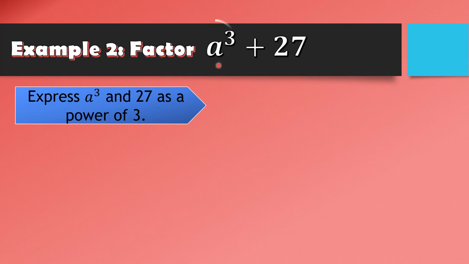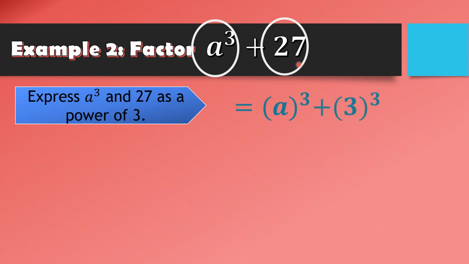Kaya naman, ang a cube is equal to the cube of a. Then, para naman sa 27, para ma-express natin yan as power of 3, iisip tayo ng number na pwede natin gamitin as factor ng 3 beses. Okay, so ang sagot doon ay 3 cube.